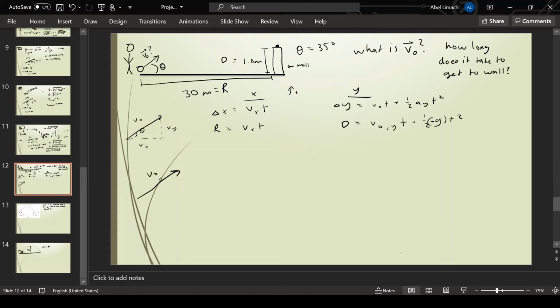This is the angle right here, and the angle is 35. We can rewrite that the cosine of this angle is equal to vx over v initial. So v initial cosine theta is equal to vx. We can plug that into here. So r is equal to v initial cosine theta t.